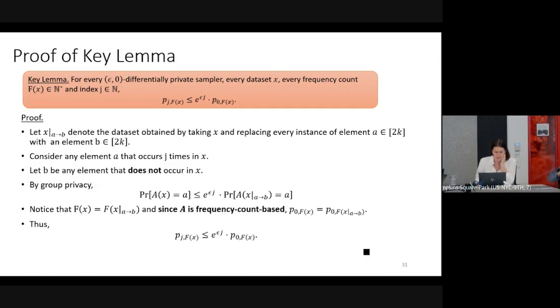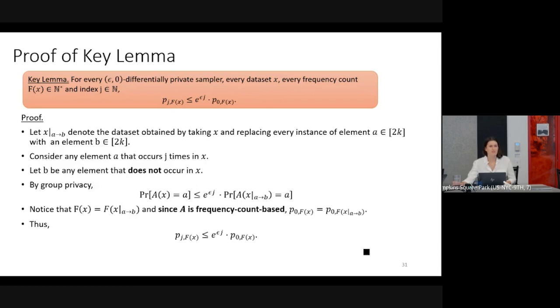And so what that tells us, because on the right side A doesn't occur at all, is that the probability that the algorithm releases A tells us how likely it is to release a 0 count item. And so we get the desired result in the end.